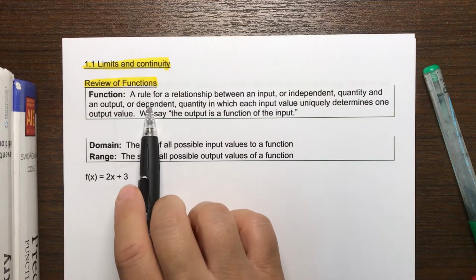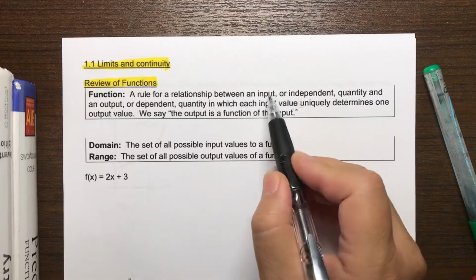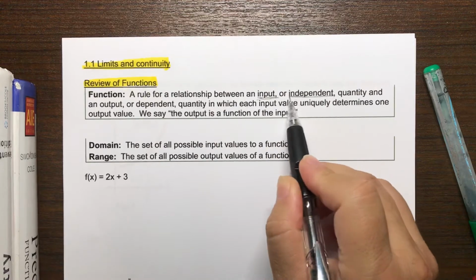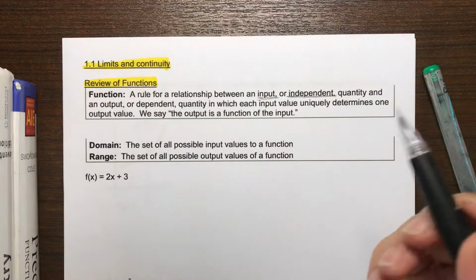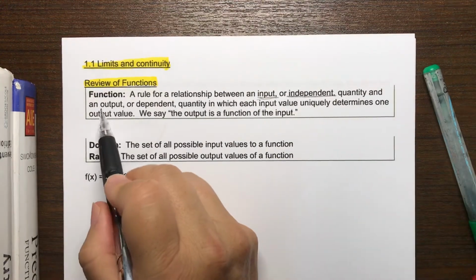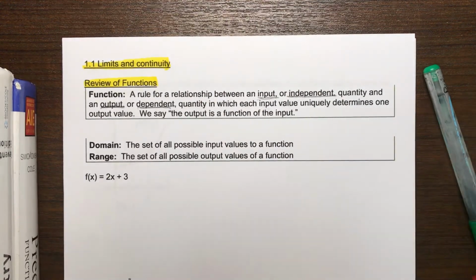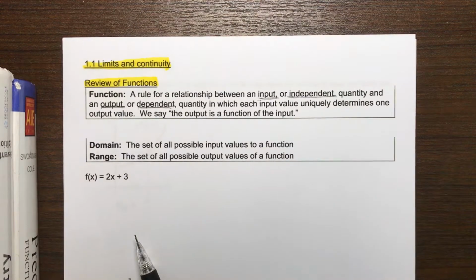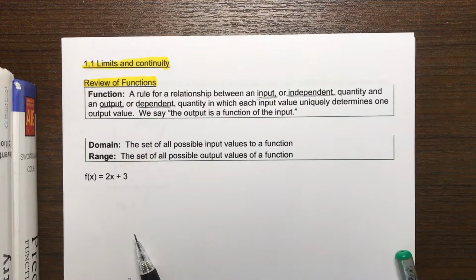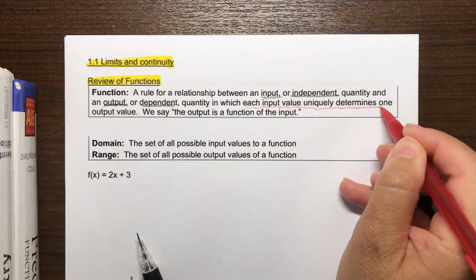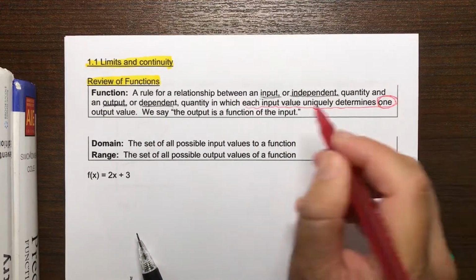A function is simply a rule for a relationship between an input, also called the independent quantity or variable, and the output, or the dependent quantity or variable, in which, and that's the important part, each input uniquely determines one and only one output value.